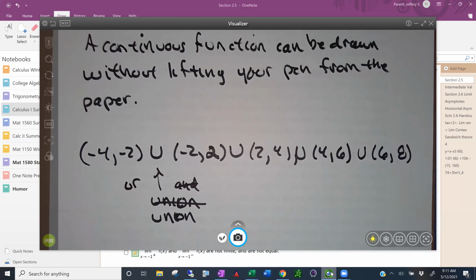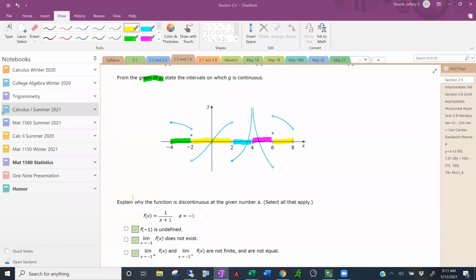Do we not use brackets? Is it only parentheses? You know, I'm kind of bothered by that. Personally, I use parentheses for these just to be user friendly, but in thinking about it, WebAssign is probably going to want you to use a bracket here and a bracket here, because these endpoints are defined with solid dots.